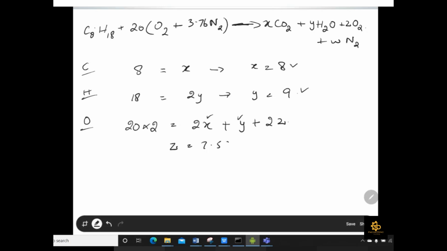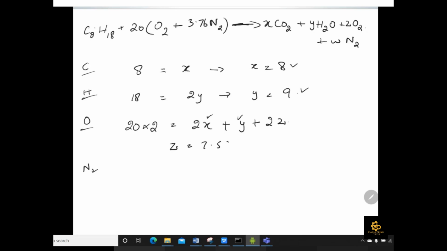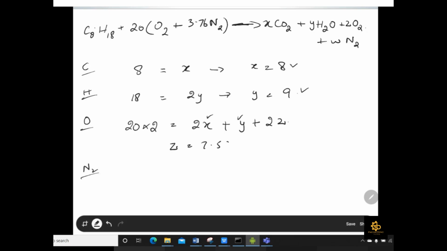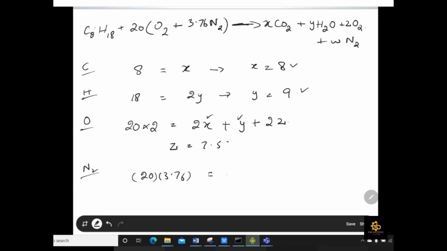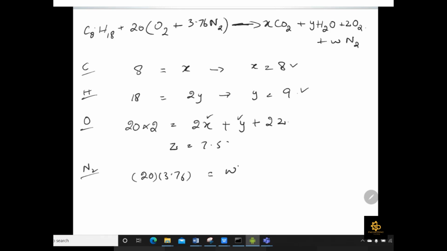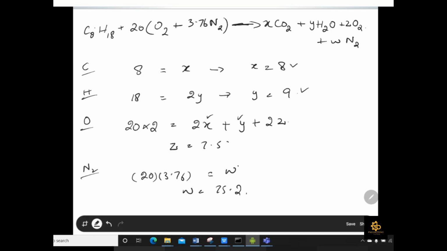Similarly, apply the balance for N2: on the left side you get 20 into 3.76 moles of N2, and on the right side you get w. If you solve it, you will get w as 75.2. Now we have all the moles in the products.